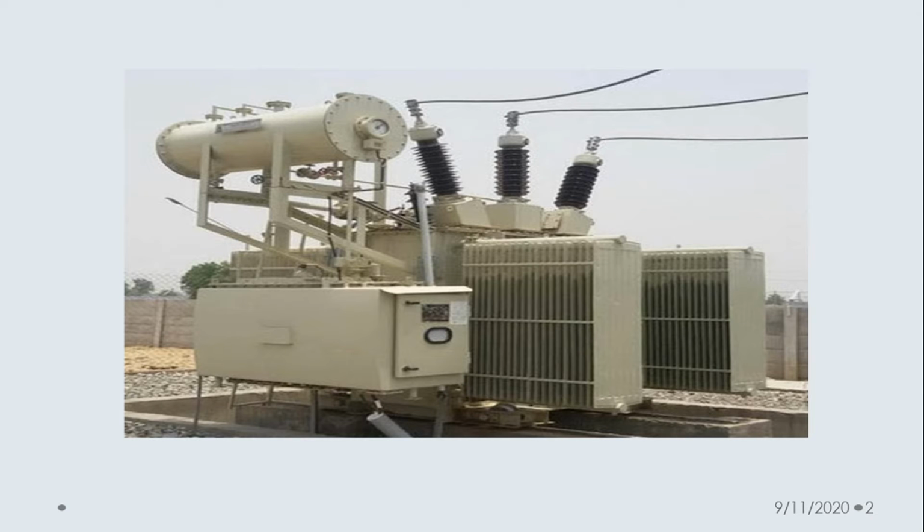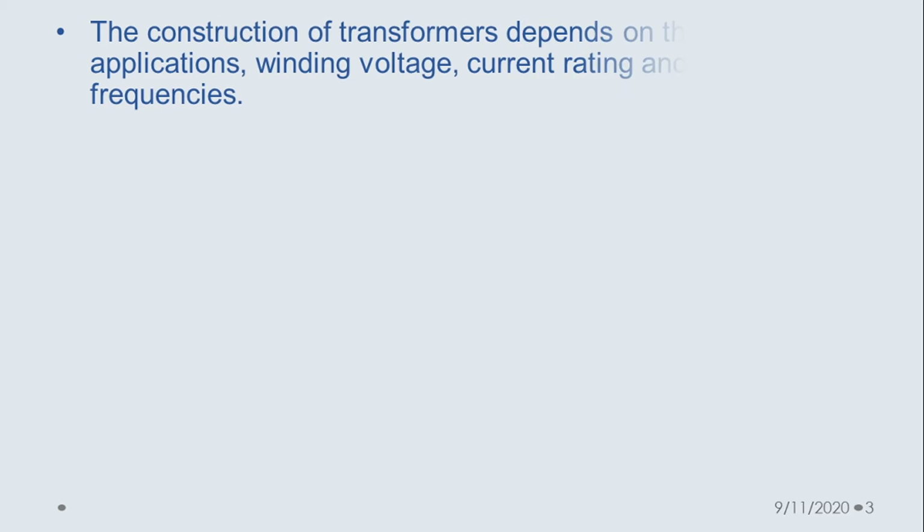So this is a typical figure of a transformer, just an example of how a transformer looks. Now the construction of a transformer depends upon its application, where it is used, either in the generating station, in the power plants, or in the primary or secondary distribution line.